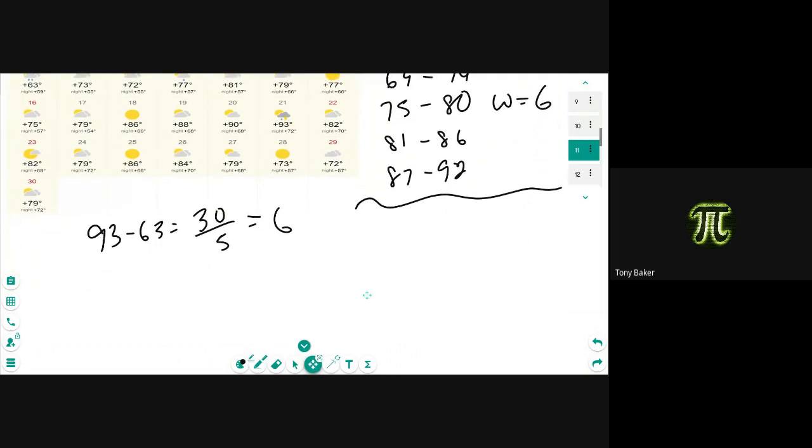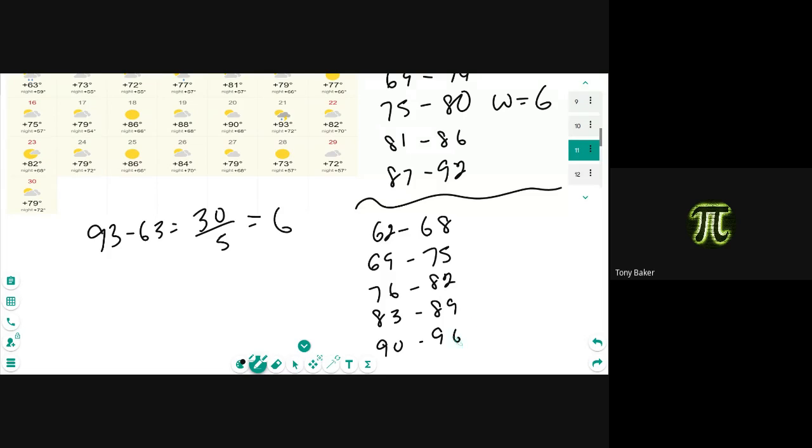So we could do 62 to 68, 69 to 75, 76 to 82, 83 to 89, and 90 to 96. Okay, and now that's a width of 7 with 5 classes.